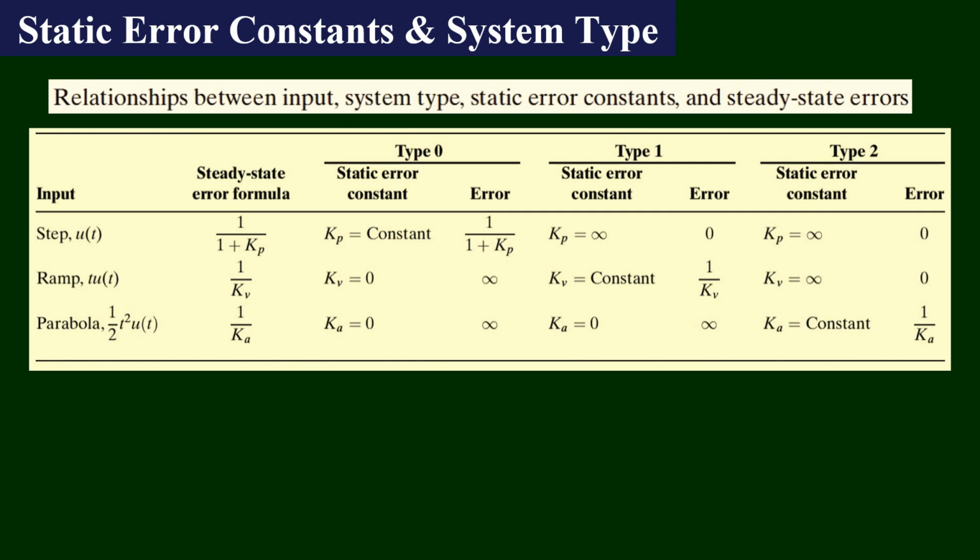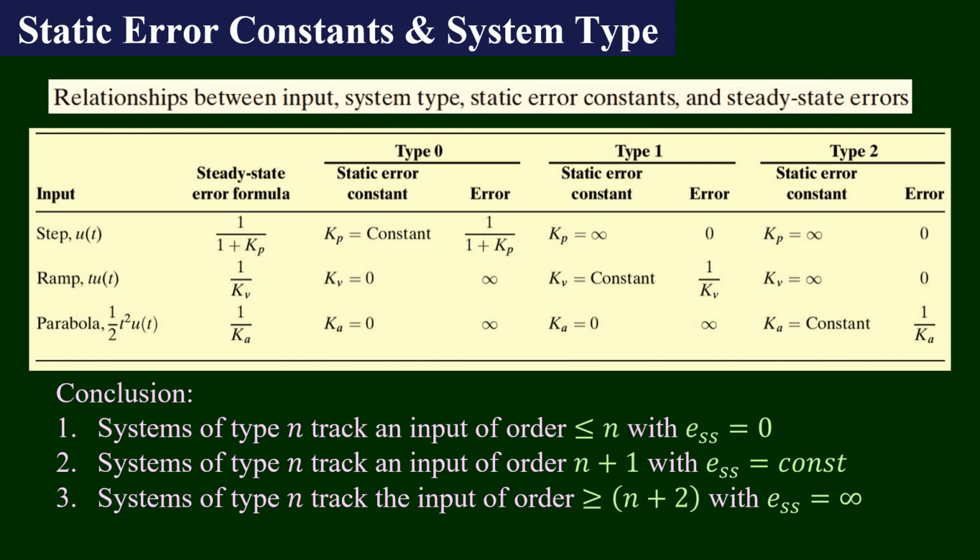The summary of the discussion is this: a system of type n tracks an input of order less than or equal to n with ESS 0. A system of type n tracks an input of order n plus 1 with constant ESS, which means there will remain a constant error for that type of input.